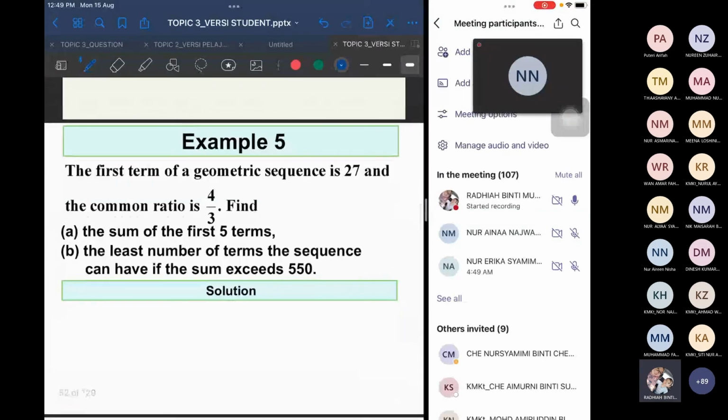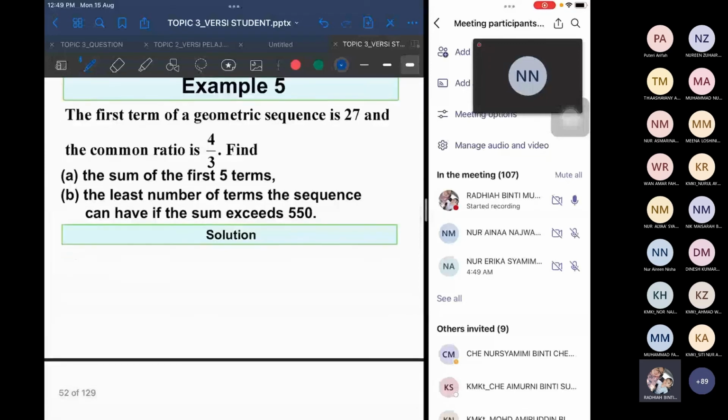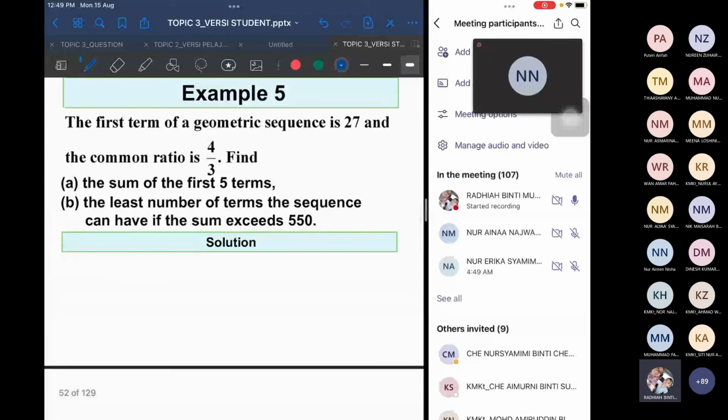Okay, example 5, dia kata the first term of geometric sequence is 27. So your A is 27 and the common ratio is 4/3. Okay, so untuk soalan A, dia kata find the sum of the first 5 term. So your A is 27, your R is 4/3 and then untuk soalan A, you have to find S5.